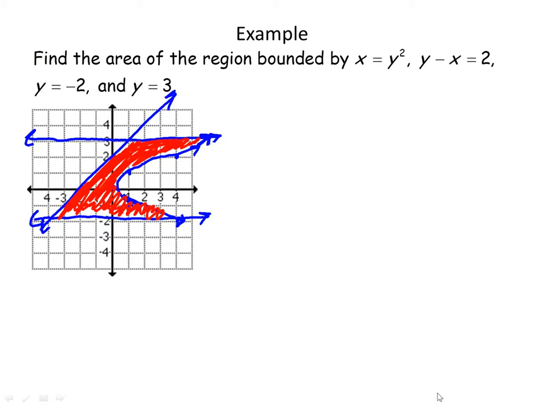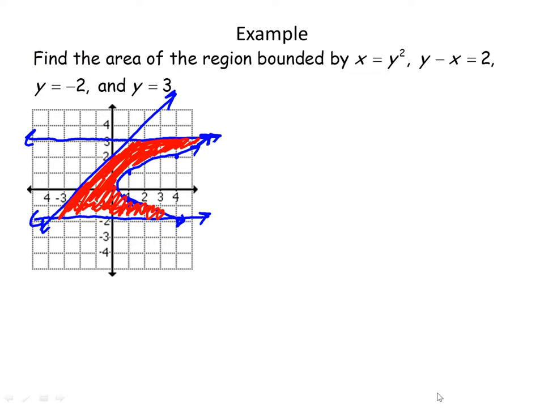How in the world would you integrate an R sub x region with 4 boundaries? It's doable. Not suggested, but it is doable. You would have to do this region, and then you would have to turn around and do that region. And then add them together.